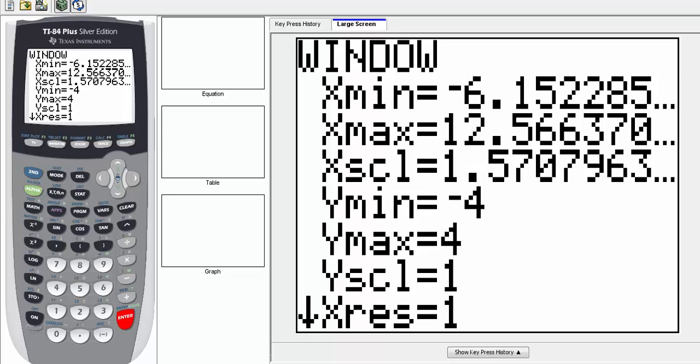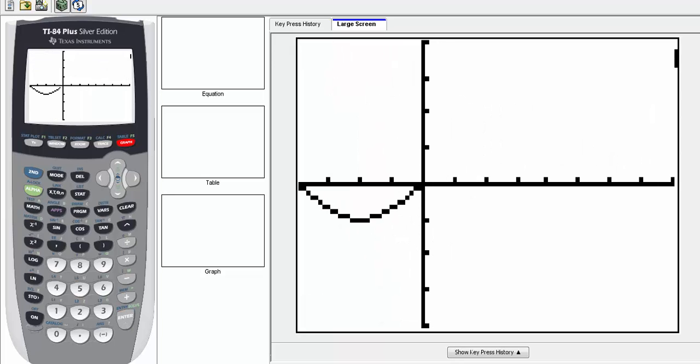Now looking at the graph, starting at the origin we should trace out one full period. We can see the effect of the 1/2 is creating a much larger period.